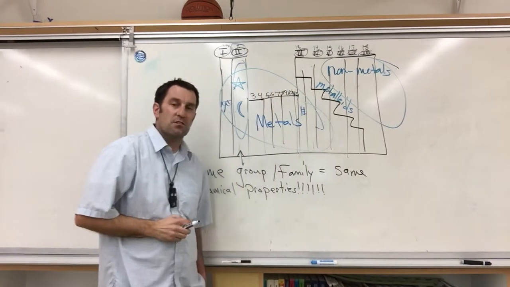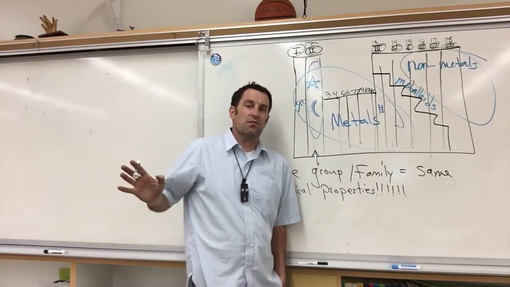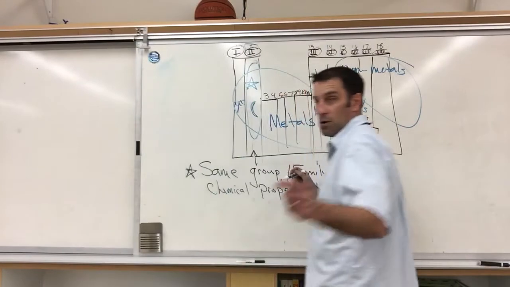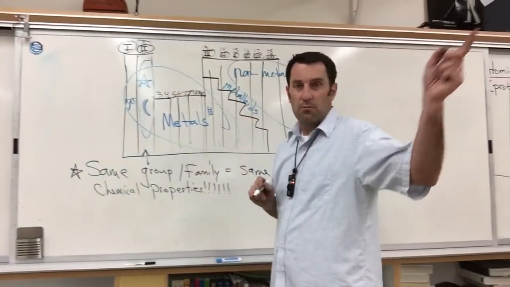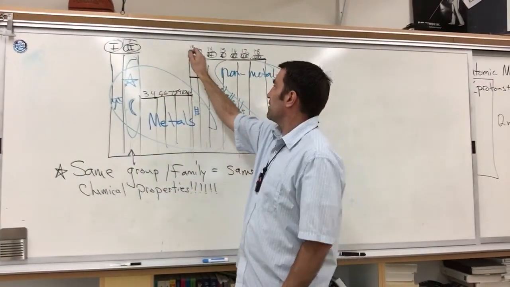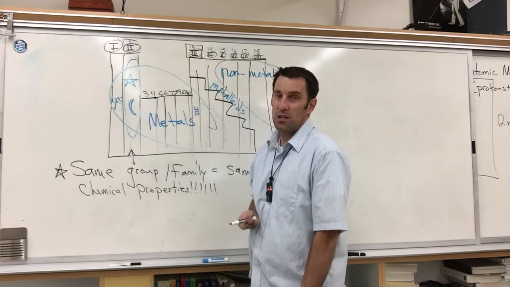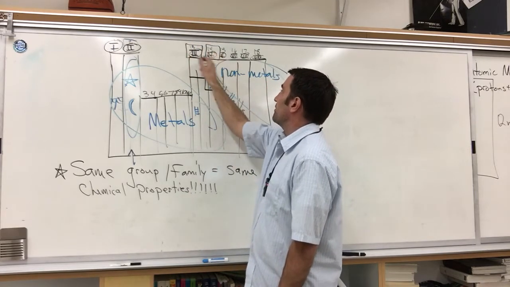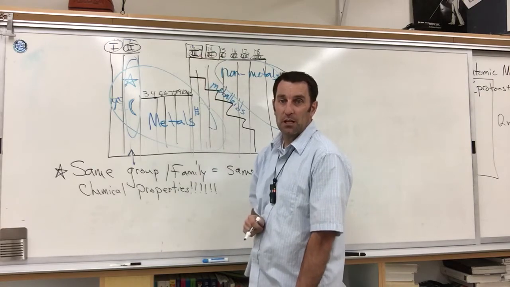They count the transition metals as families, which I dislike strongly, but they do. So make sure you are okay with the fact that family 3 and family 13 mean the same thing, and family 4 and family 14 mean the same thing.